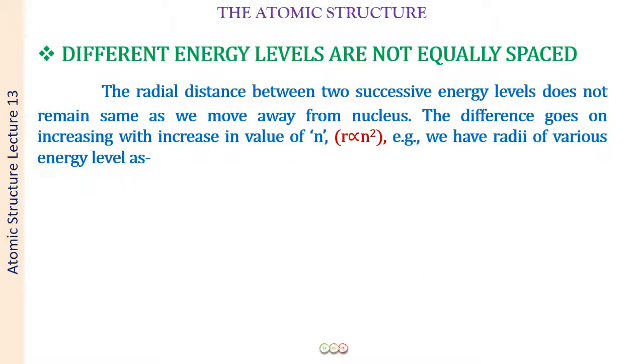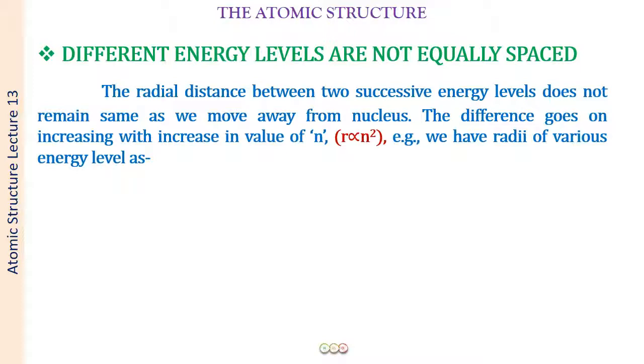The radial distance between two successive energy levels does not remain the same as we move away from the nucleus, and the difference goes on increasing with increase in the value of n, because r is directly proportional to n². Say we have r equal to n². If n is 1, r would be 1. If n is 2, r becomes 4. And if n is 3, r becomes 9.